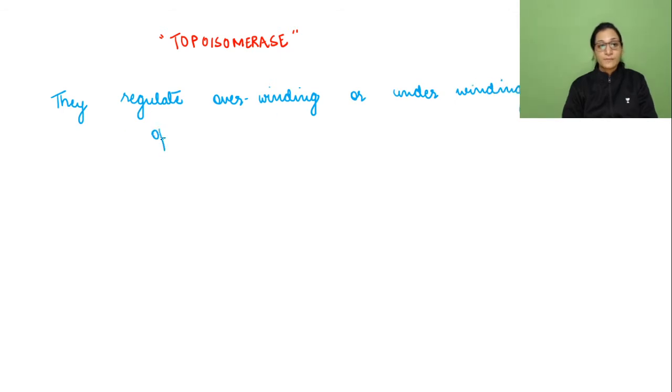First of all, their function: they are going to regulate if the DNA is extraordinarily bound or underbound. All those things will be taken care of by topoisomerase. Now, where are they found? They are found in a vast number of cells, from viruses to mammals.